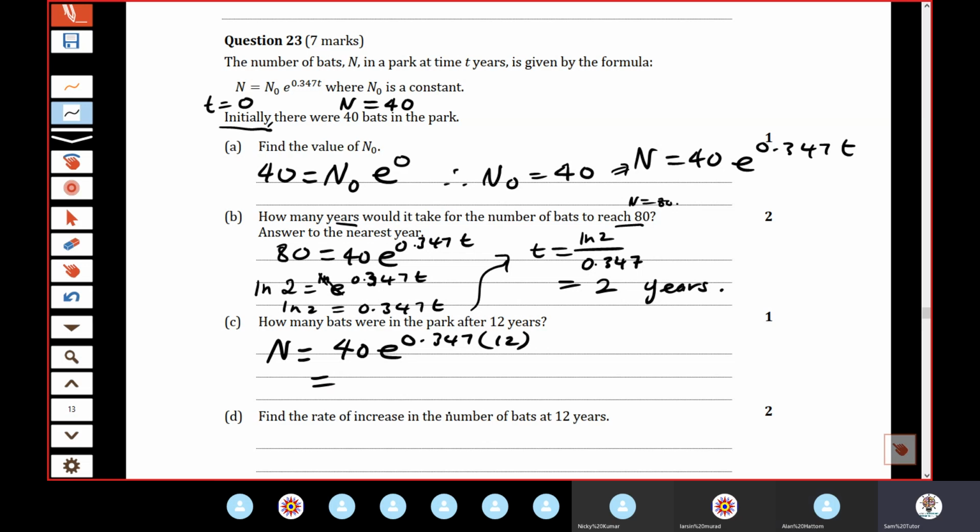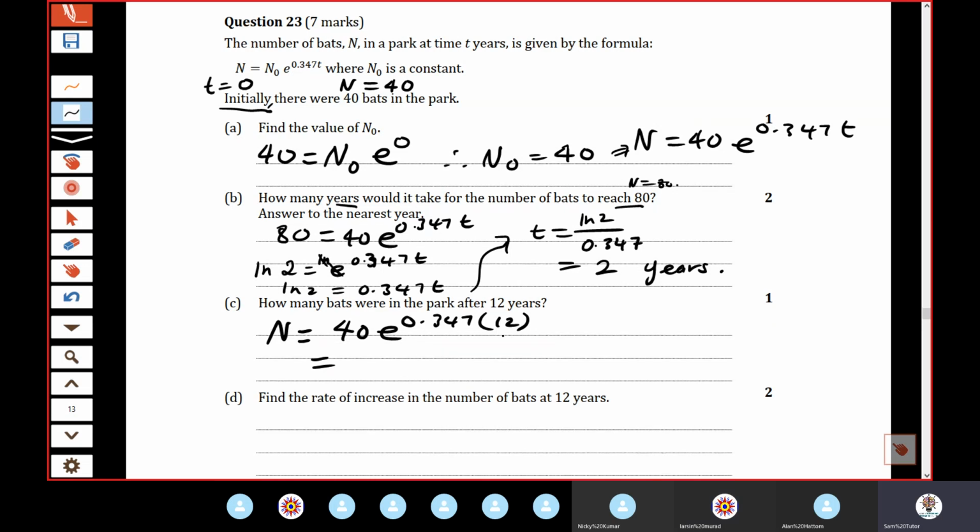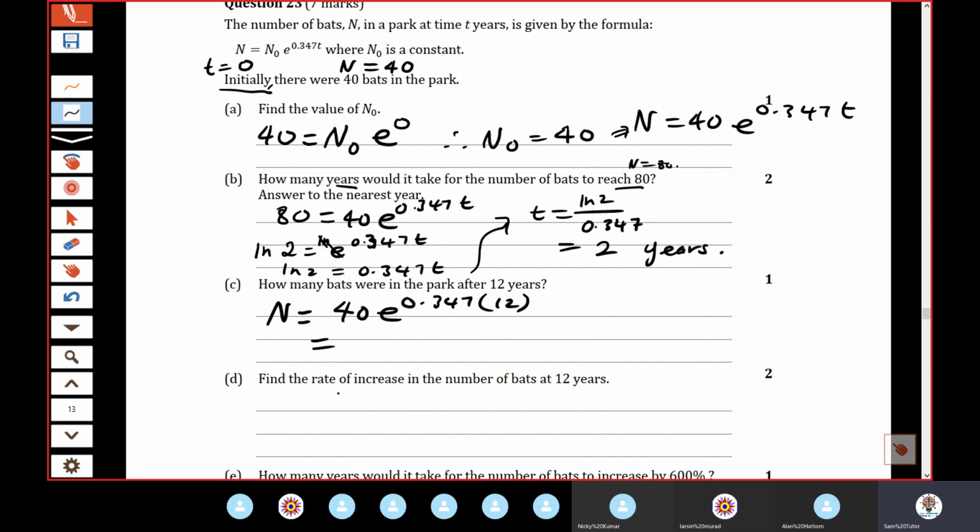That should be easy. Yeah. Yep. Plug it in and then you'll get an answer, and then find the rate of increase in the number of bats at 12 years.